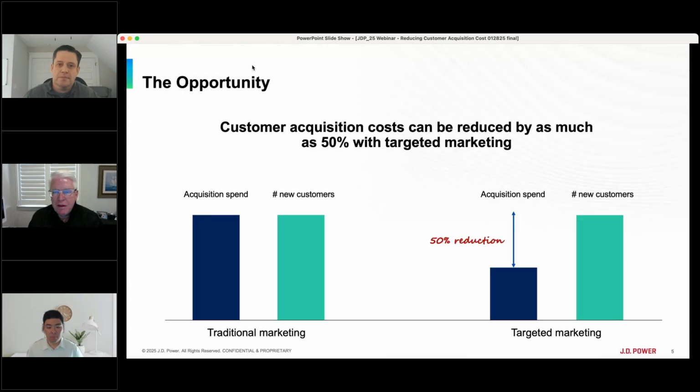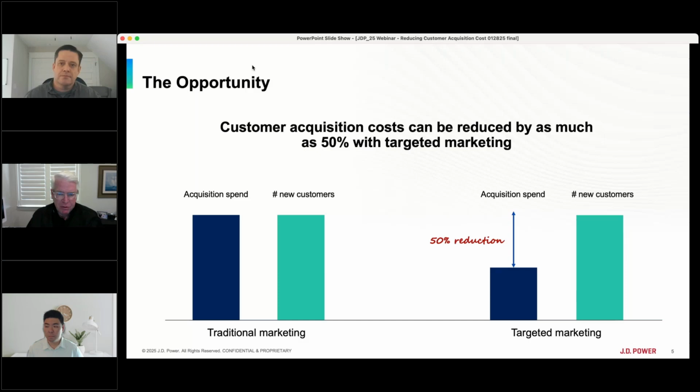So in terms of the opportunity, we believe that with a very targeted approach using predictive analytics, an insurance carrier could reduce their customer acquisition costs by as much as 50% and still hit the growth goals in terms of number of new customers.